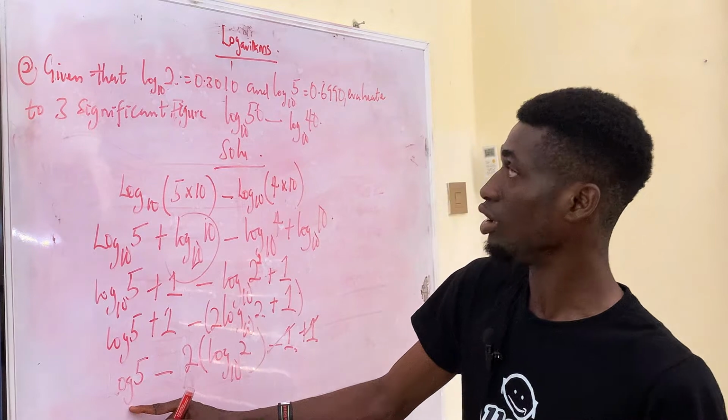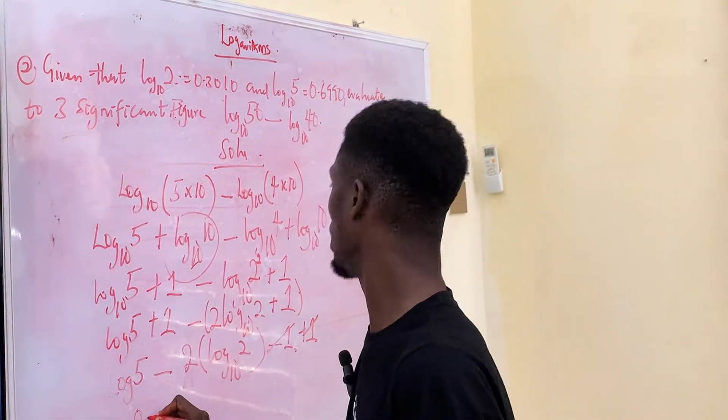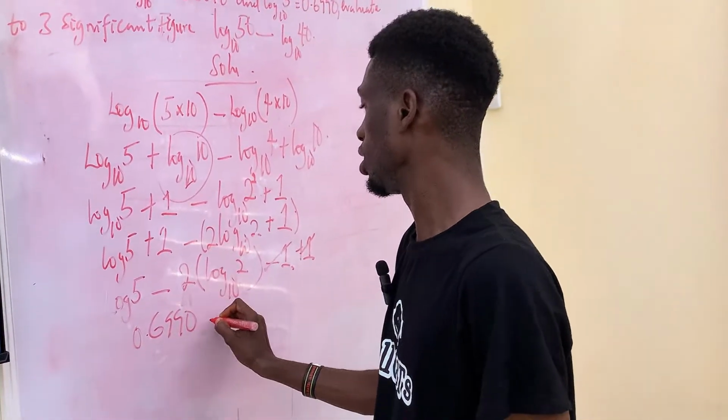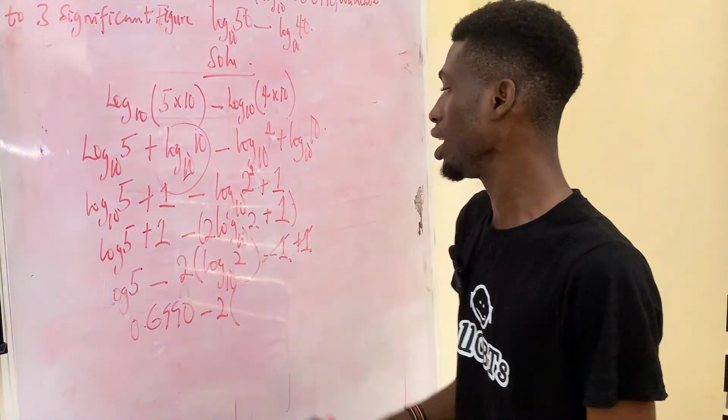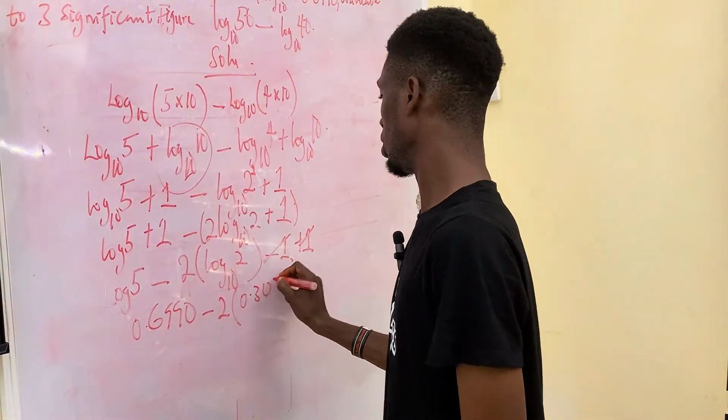So what is my log 5? My log 5 is 0.6990 minus 2 multiplied by, what is my log 2? 0.3010.